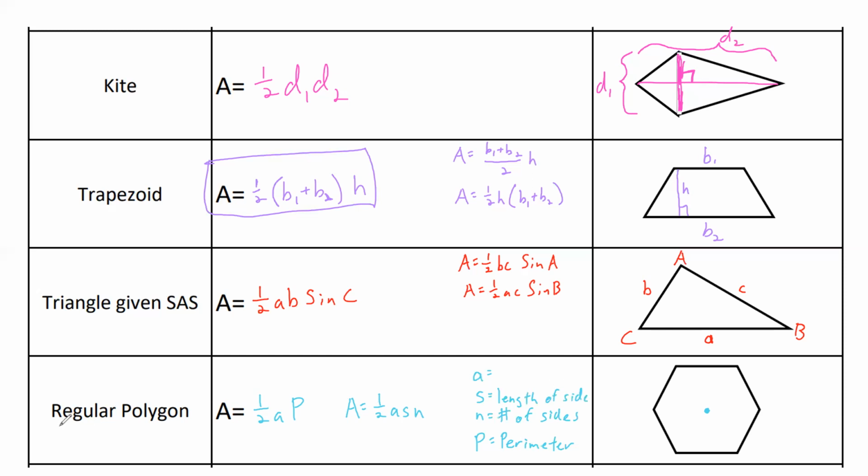Again, since we're talking about a regular polygon, what's true about all the side lengths? They're all equal. So that's why we're able to just say s, because s is the length of a side. And then a, this one's a brand new word that you haven't heard before.